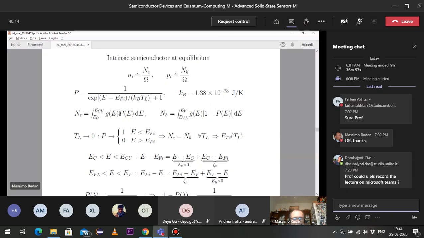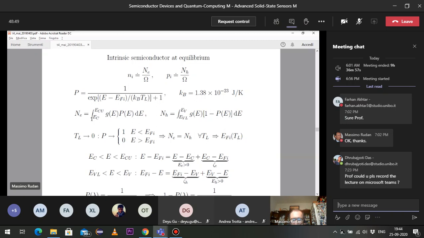We multiply it by the Fermi statistics, and then you remember for the electrons of the conduction band, we must integrate over the conduction band. So we integrate from the lower edge of the conduction band that we call EC to the upper edge of the conduction band that we call ECU.